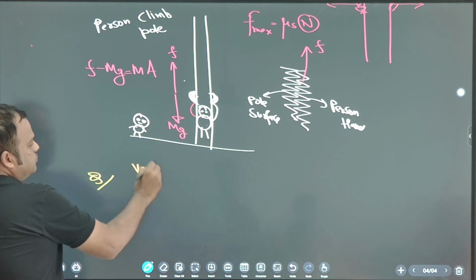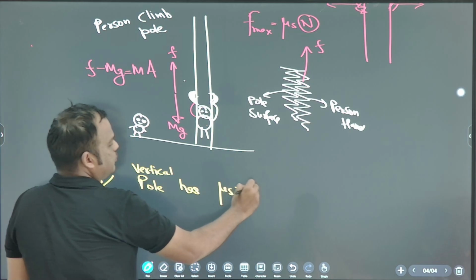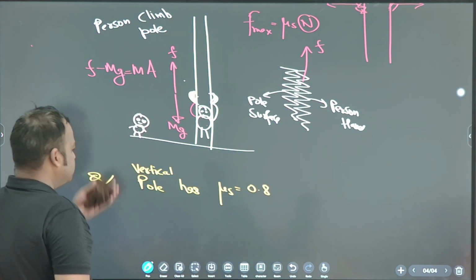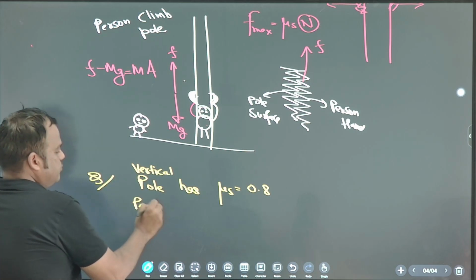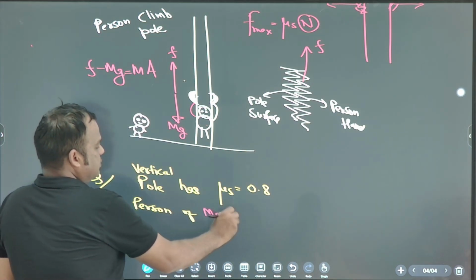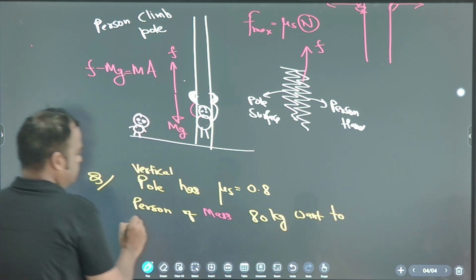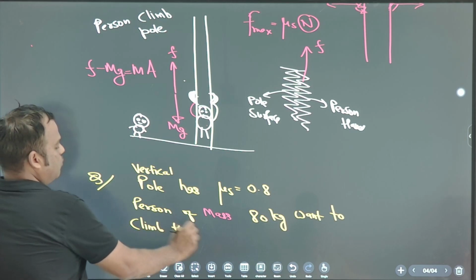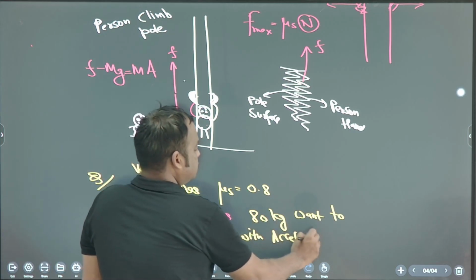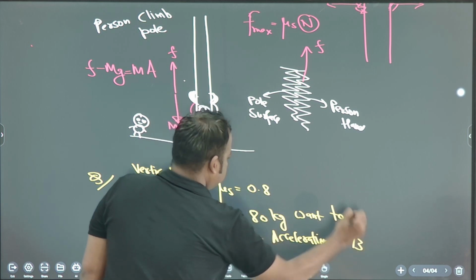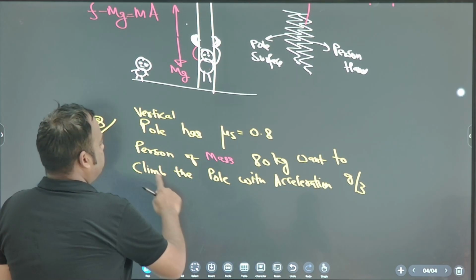Vertical pole has mu s value 0.8. Person of mass 80 kg wants to climb the pole.